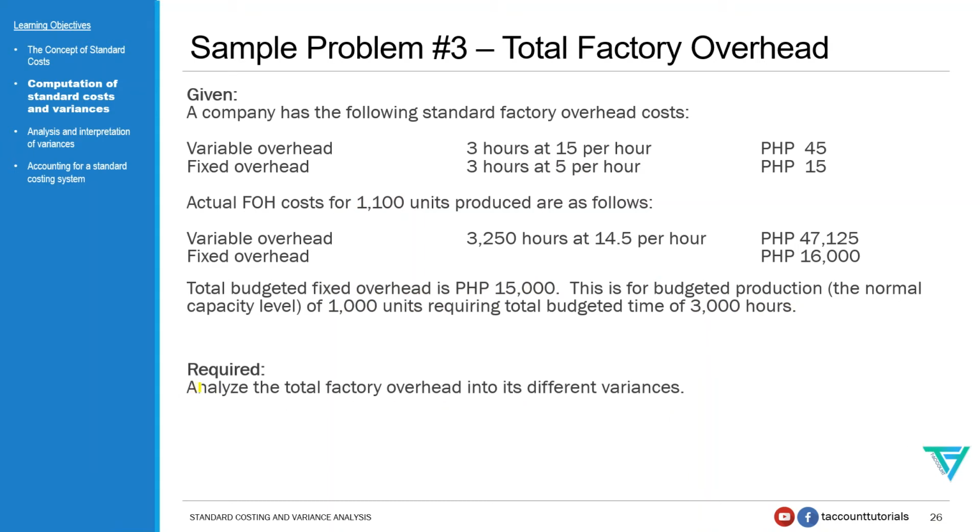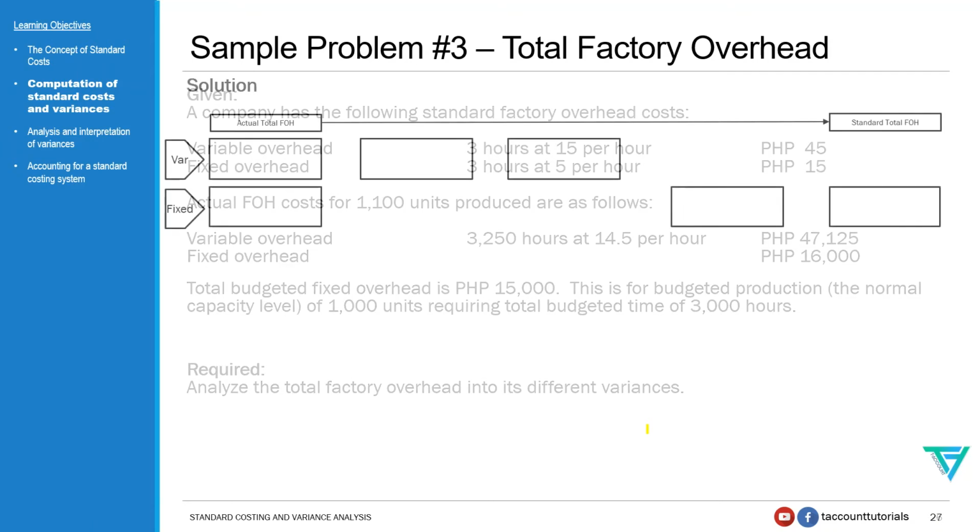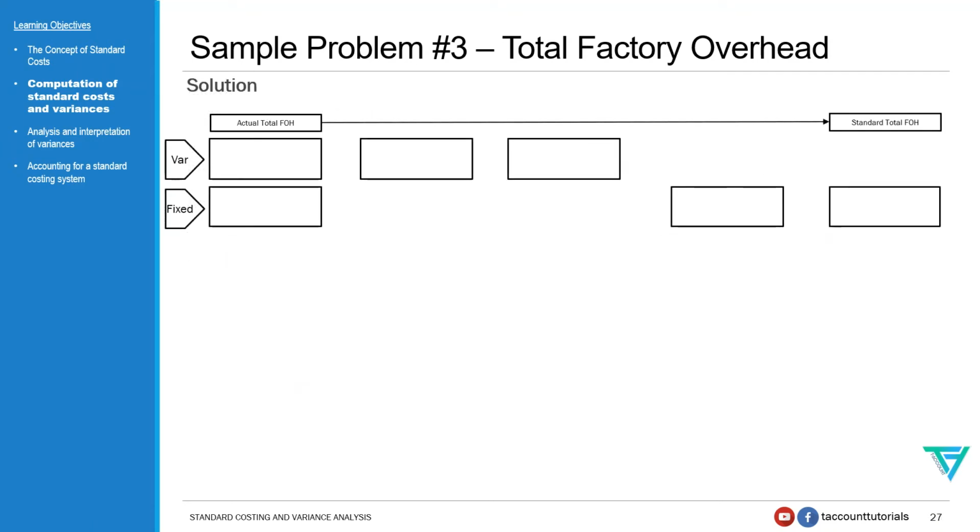The required analysis for us is to analyze the total factory overhead into its different variances. Okay. Now we can present this more simply into its components by following our previous analysis. So from actual factory overhead at the left, we go to the standard total factory overhead to the right, and then we break it into its components, variable and fixed.